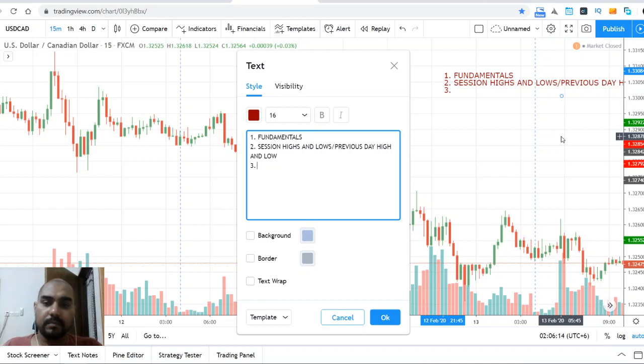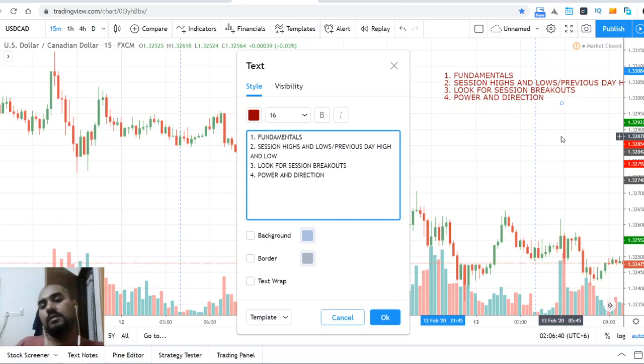Number 3, look for session breakouts. The next is power and direction.